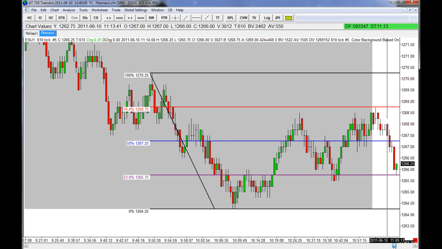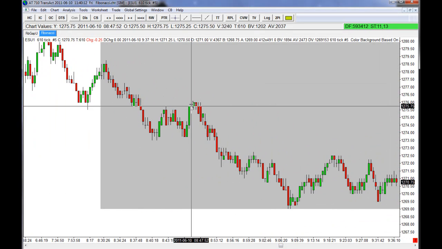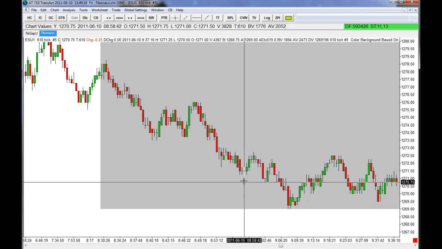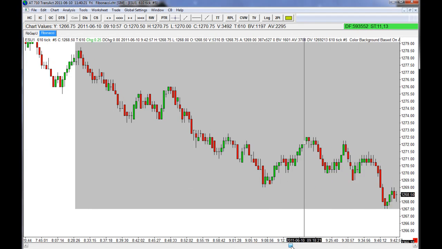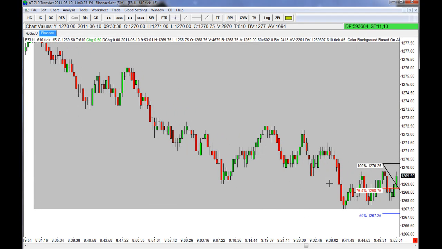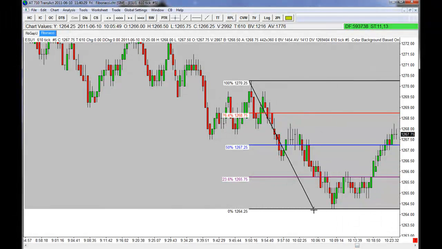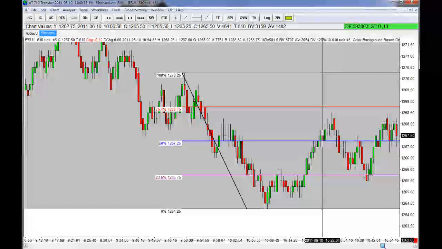You see how price fell and retraced. Again it fell and retraced. So that was the difference between today and yesterday.